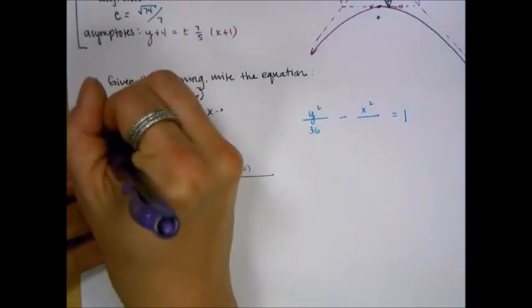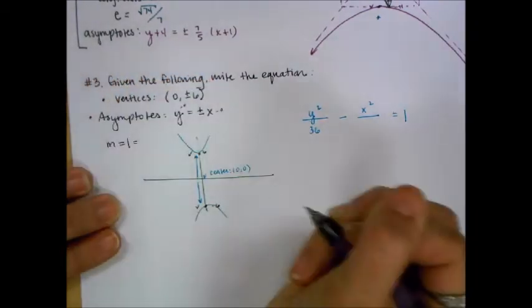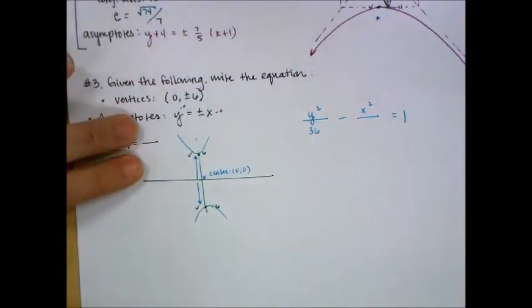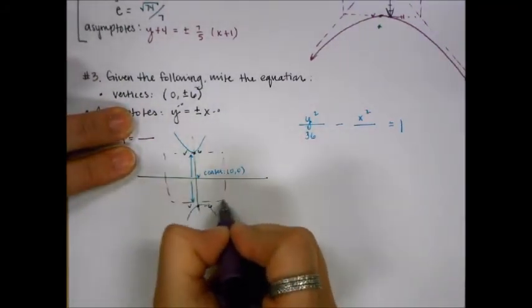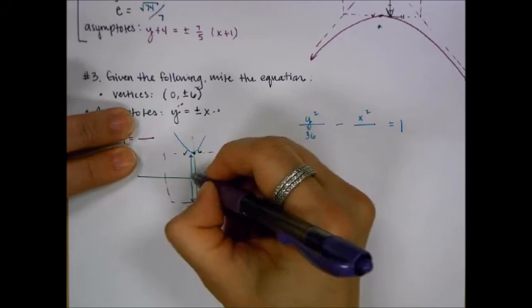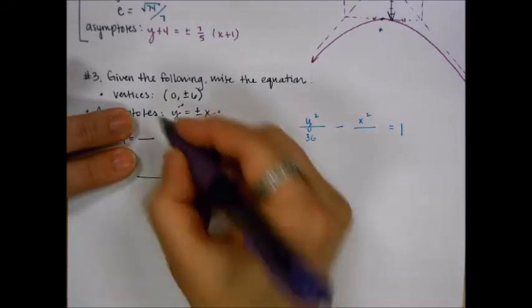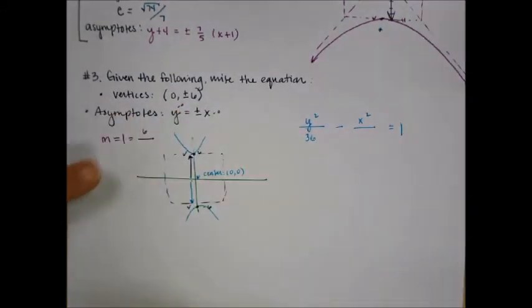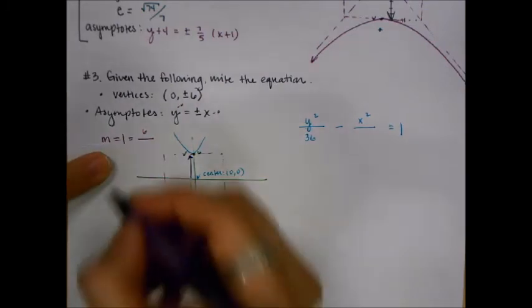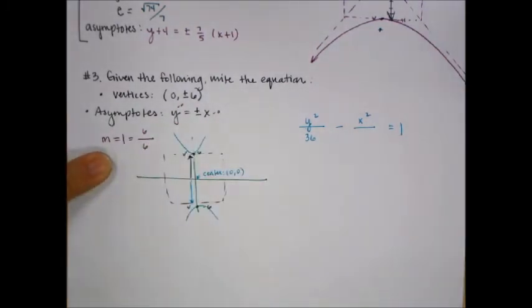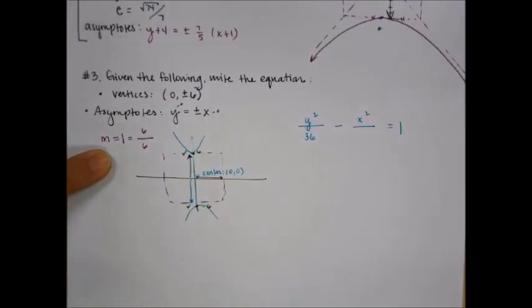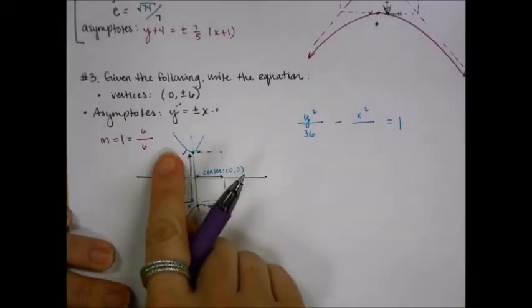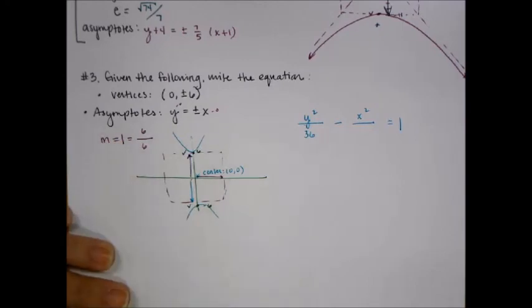So to make that box in here, my rise was center to vertex, which is 6. So in order to get a slope of 1, the run value must also be 6, or the x value that creates the box must also be 6. And so 6 divided by 6 will make 1. And so this distance is also 6 for x, and 6 squared is 36.